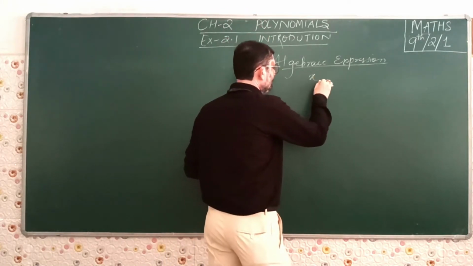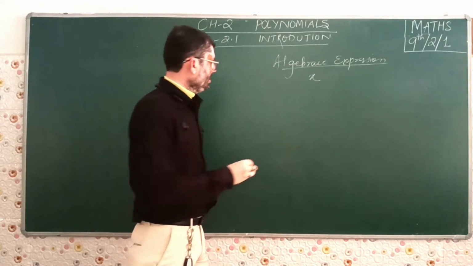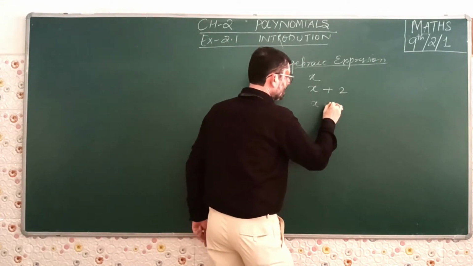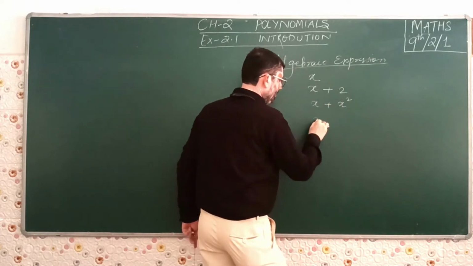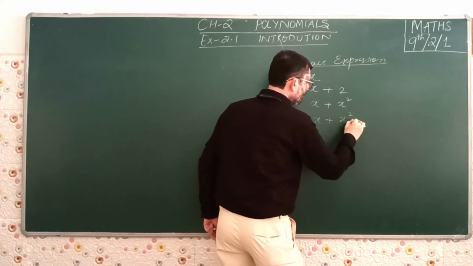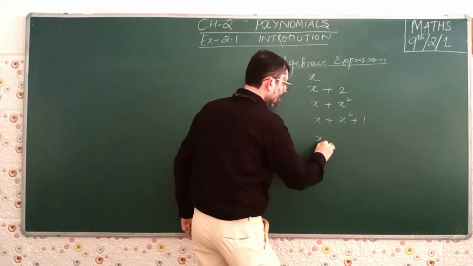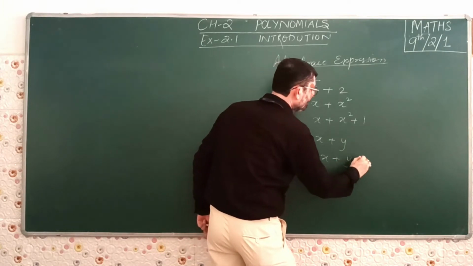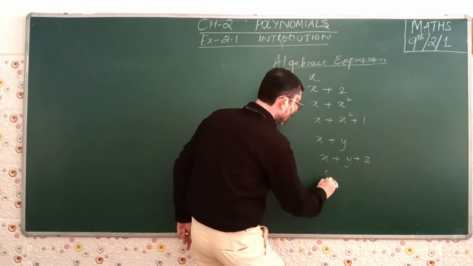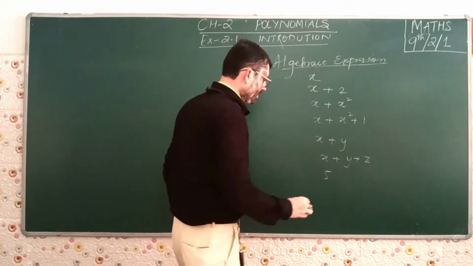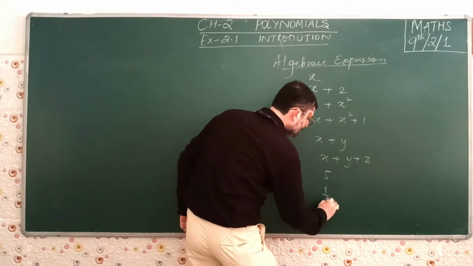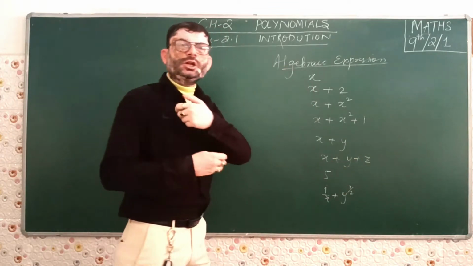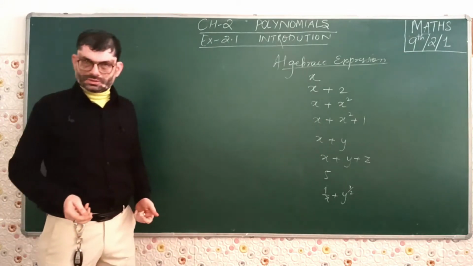The very first, we say x, then x plus 2, then x plus x squared, then x plus x squared plus 1, then x plus y, then x plus y plus z, then 5, a constant, then 1 by x plus y to the power half. So, we can write numerous algebraic expressions.